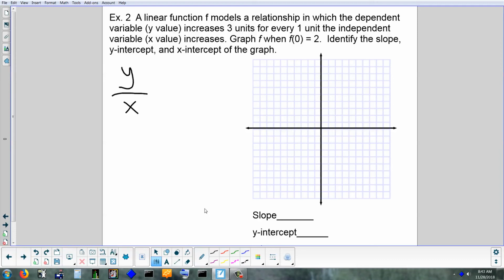So the y is kind of like the rise, and we're giving it to you first, all right? Then we're giving you x second, which is the run, left or right. So the way it's written is still going to be like the slope, right?